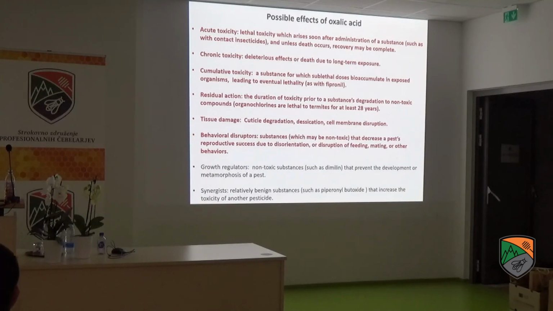And then the big one, what we're looking at, is residual action. So a pesticide like a pyrethroid, which is a fly insect killer, bingo, you get instant mortality, and then after hours or a day, it's degraded. It's no longer toxic. So a safe insecticide would be one with a short residual activity. If you're in the almond orchard, you want to kill something, you spray it at dusk when the bees stop flying.